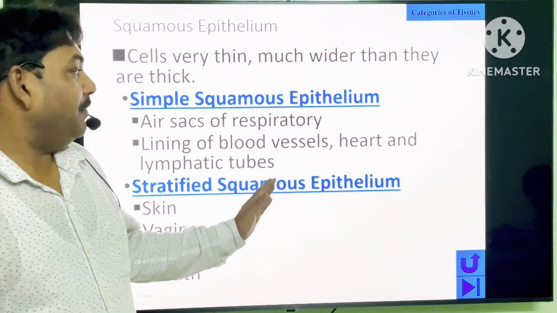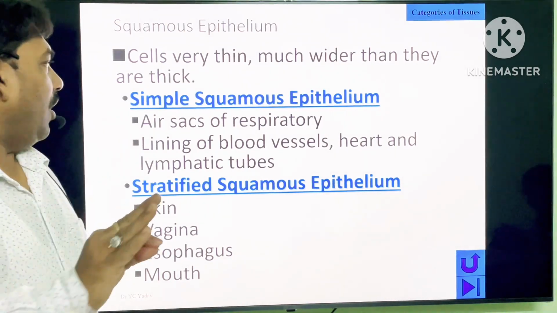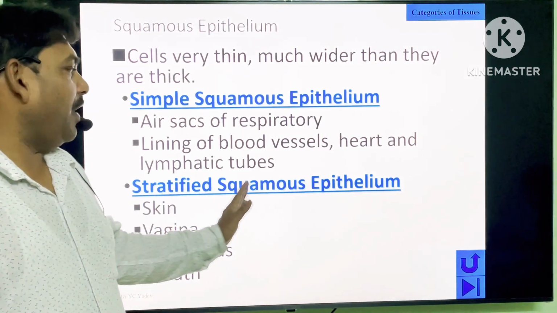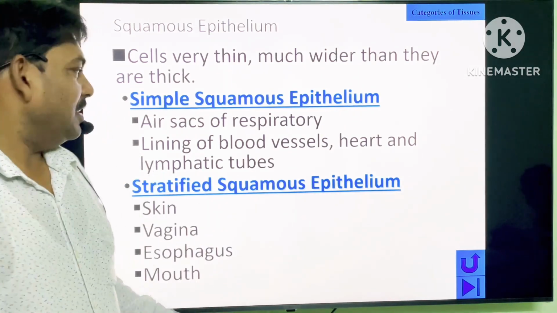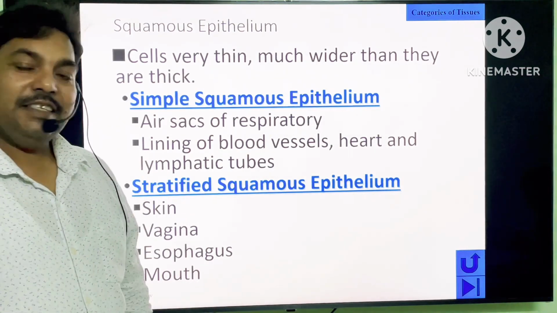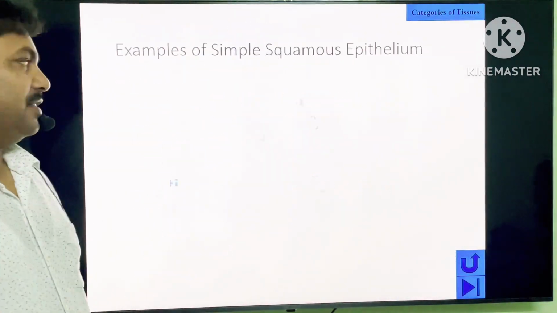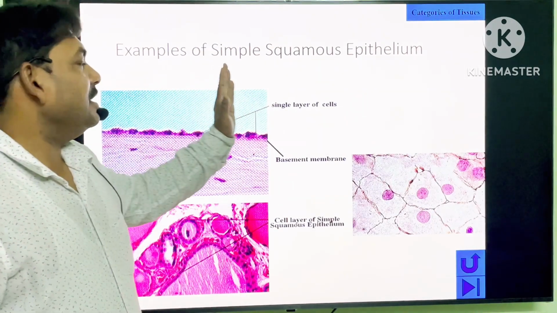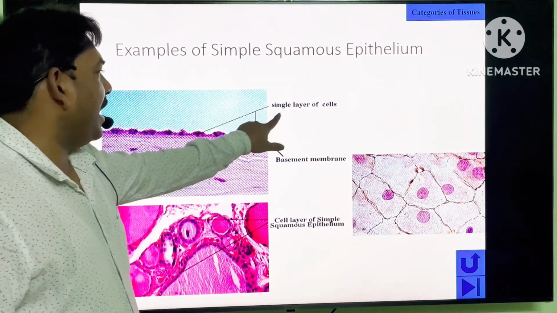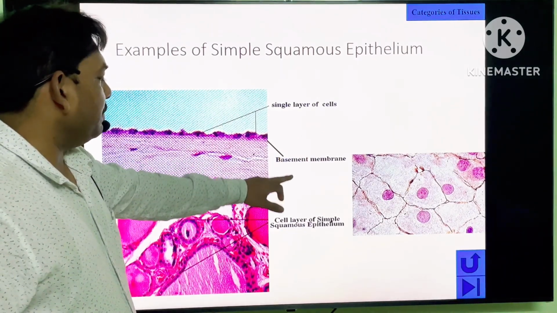The lining of the blood vessels, heart and lymphatic ducts is made by simple squamous epithelial tissue, and stratified layers of squamous epithelium are found in the skin, vagina, esophagus and mouth. Next, an example of squamous epithelial tissue: a single lining of cells with a basement membrane.